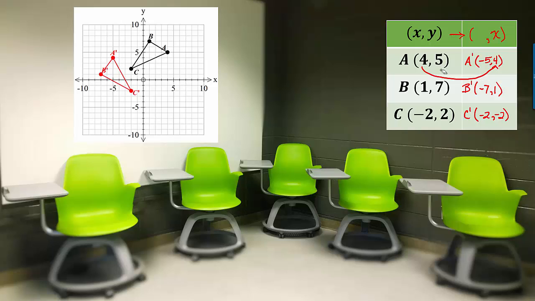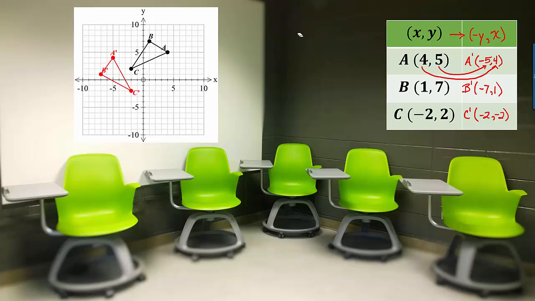And you notice that your y value scoots over here, but take a look, it goes from +5 to -5, +7 to -7, +2 to -2. So it doesn't stay the same, it multiplies by -1. It's the opposite of its original y value.